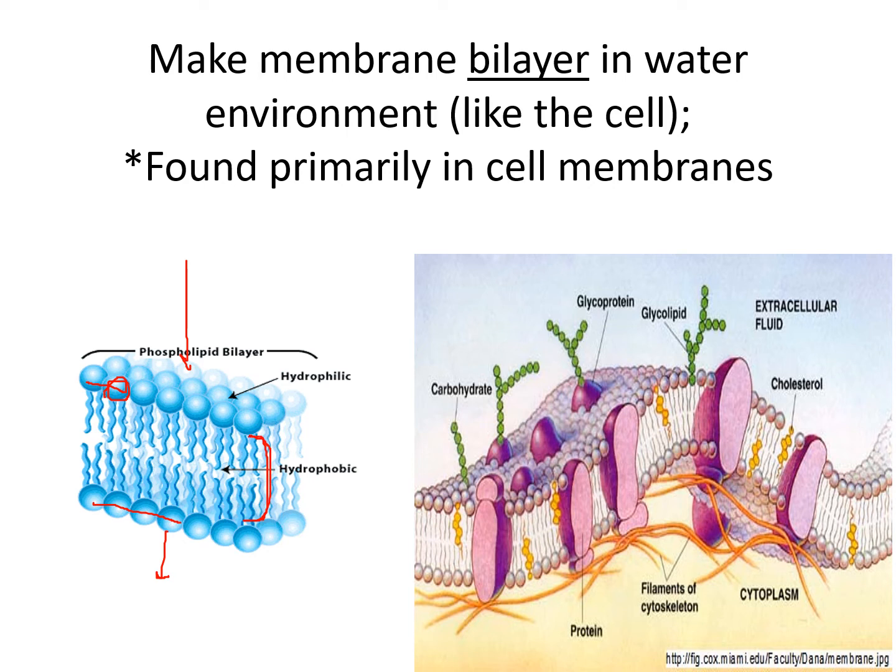So essentially, the hydrophilic heads are going to prevent any hydrophobic substances from crossing into or out of the cell, and any hydrophilic substances are going to be prevented from entering or exiting the cell by the hydrophobic area. And so again, this allows the cell to be selectively permeable. It only lets things in or out that it wants, and does that by embedding proteins within the membrane. Okay, and so we'll talk about that more soon.